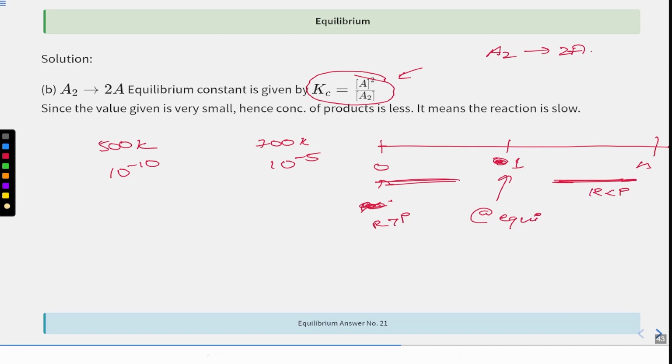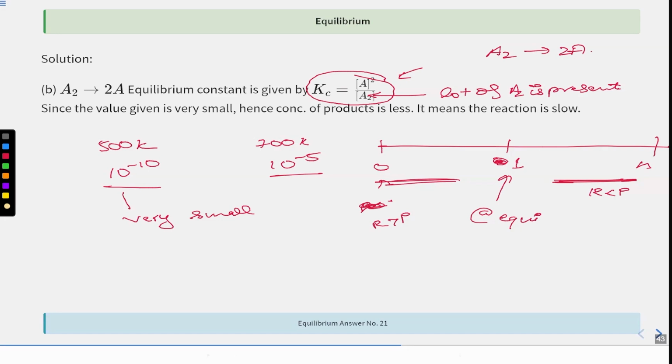This makes some sense. Now, if we think about it, these values are still very low, right? They are very small. Because they are very small, we can say that a lot of A2 is still present.